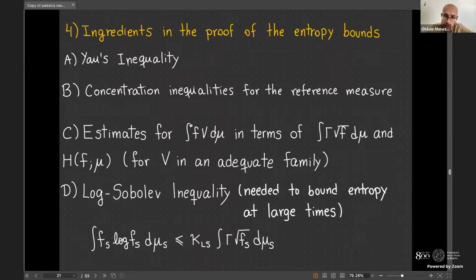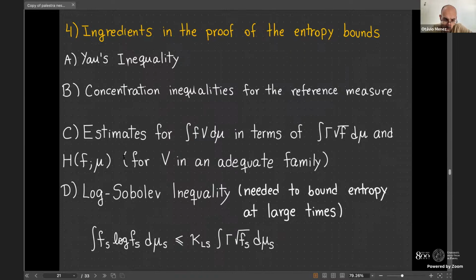So you have to estimate integrals of arbitrary against arbitrary densities of certain functionals. The functionals are those that show up in the entropy production terms. And you have to somehow estimate these in terms of the Dirichlet form operator and the entropy itself. So those are the basic ingredients.